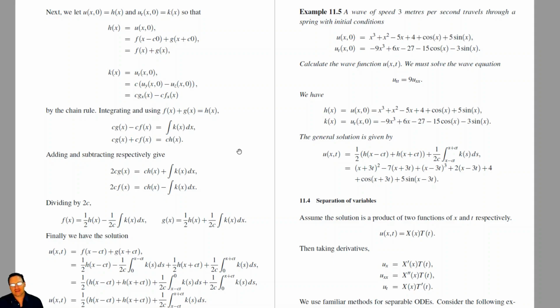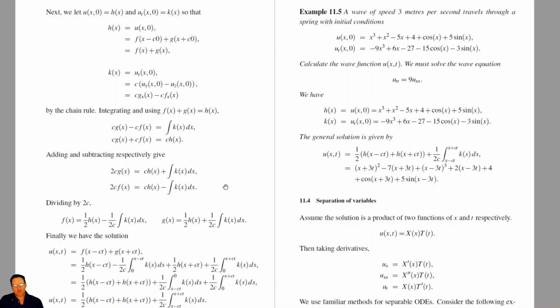And then taking the difference, second equation minus the first equation, makes the g of x vanish. And we have 2c f of x is c times h of x minus the integral of k of x with respect to x. And so now we can divide both equations by 2c and obtain expressions for each of those functions.